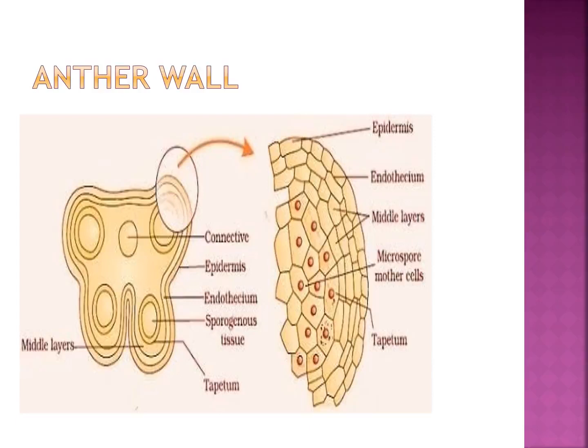Look at the microspore mother cells and the tapetum. In the first picture you see the connective, and in the second, the epidermis and endothecium, sporogenous tissue, middle layers, and finally the tapetum.